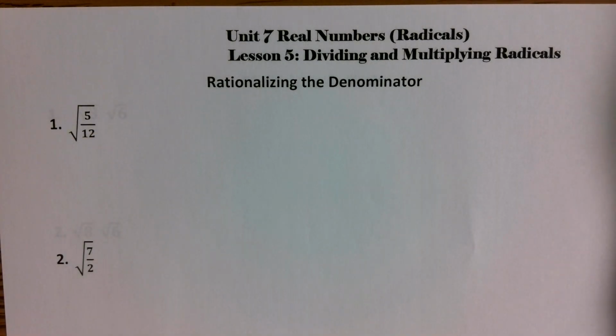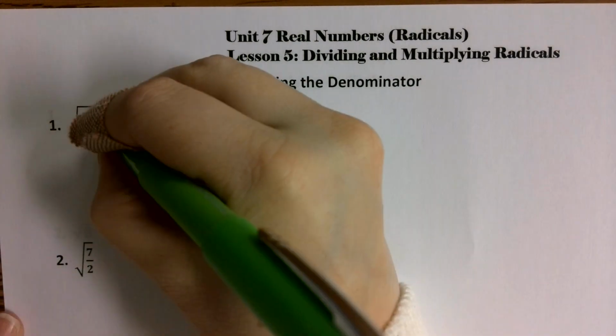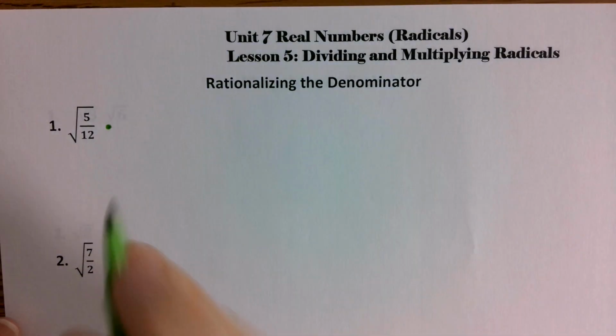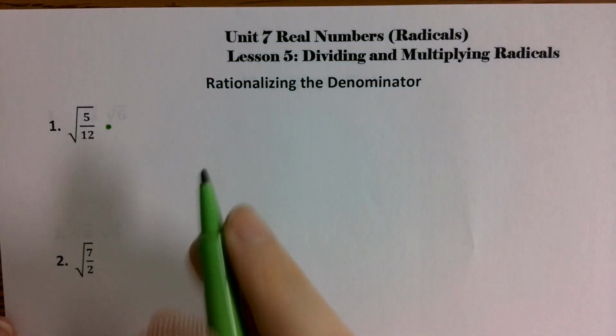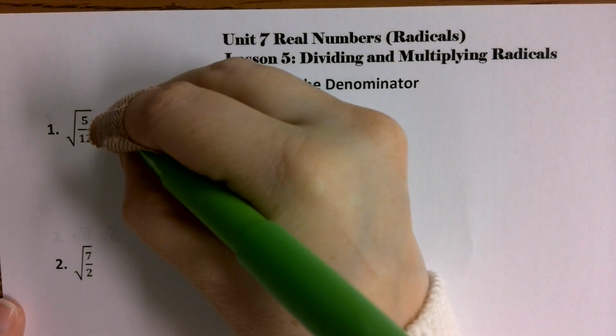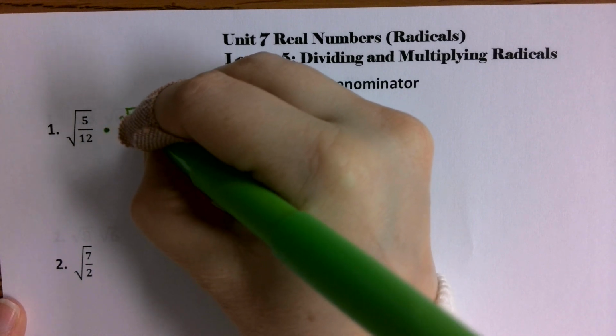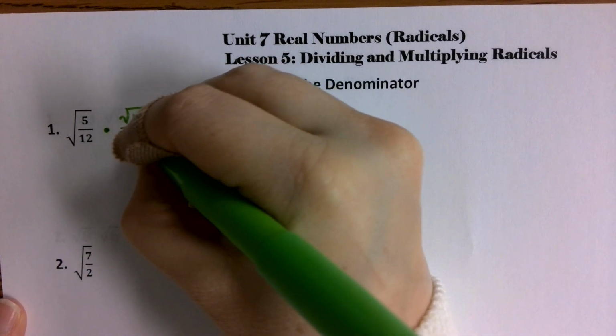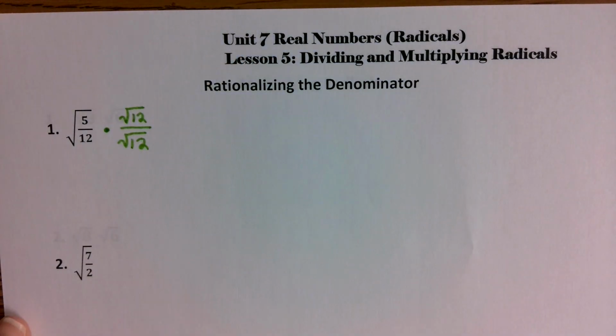So in order to rationalize the denominator, what you wind up doing is multiplying. You're going to multiply both the numerator and the denominator by whatever your denominator's value is. So I'm going to multiply by the square root of 12 on the top and on the bottom.